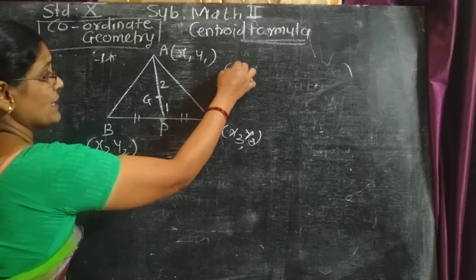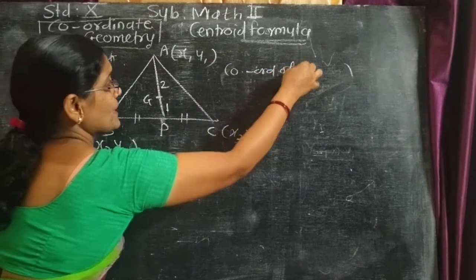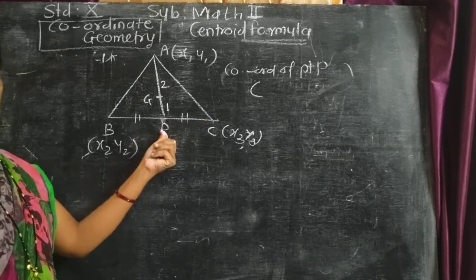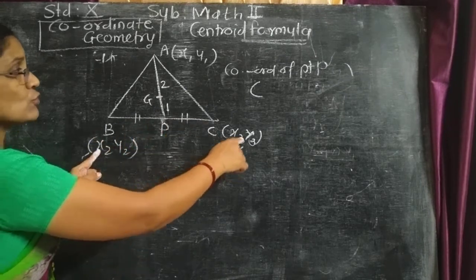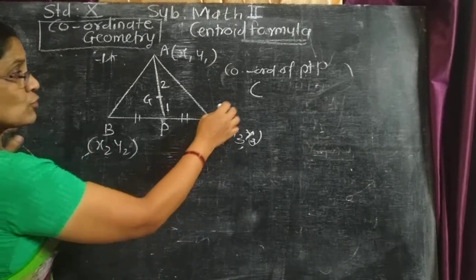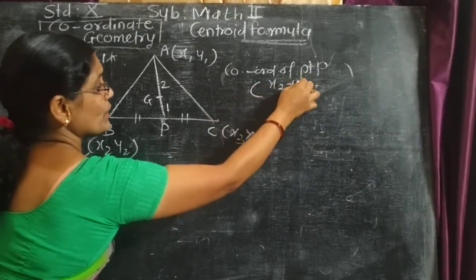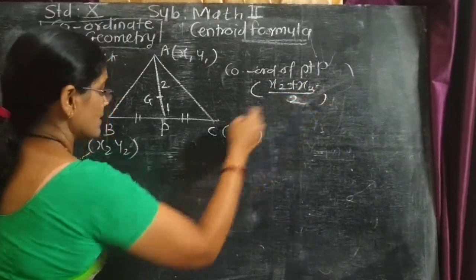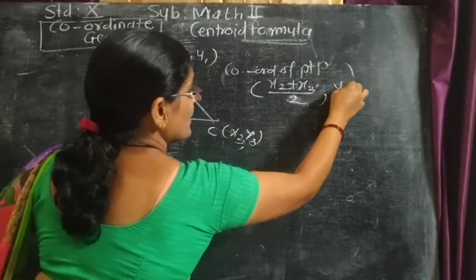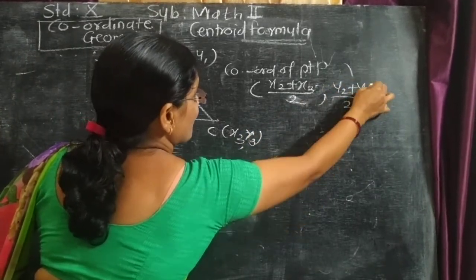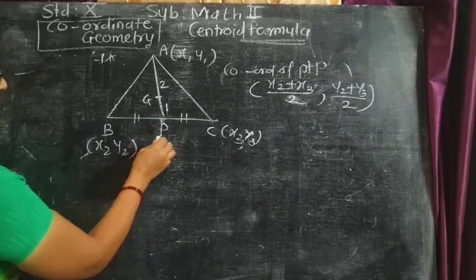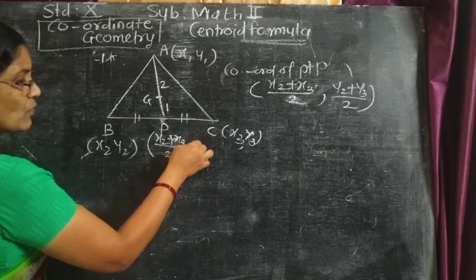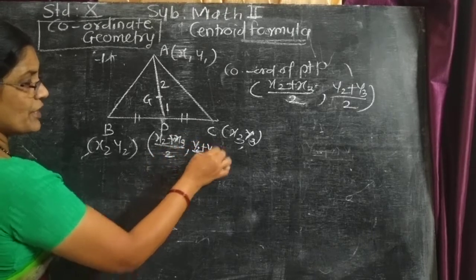That will be x2 plus x3 upon 2, because it is the midpoint of the segment joining these two points. So we obtain the coordinates of point P as x2 plus x3 upon 2 and y2 plus y3 upon 2.